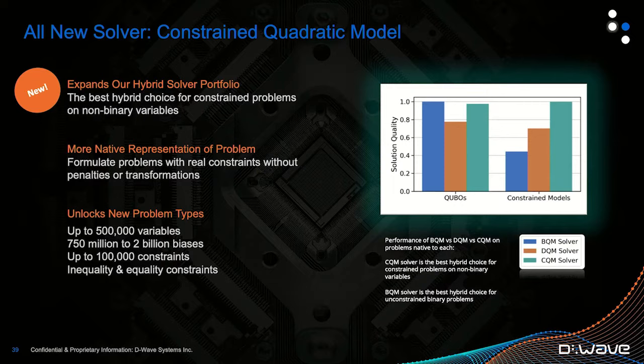The CQM solver, at least the enterprise version, can work on problems with up to 500,000 variables. If you sign into Leap right now, you'll notice that the CQM solver works on problems with up to 5,000 variables, a range of 750 million to 2 billion biases, and it supports up to 100,000 inequality and equality constraints.